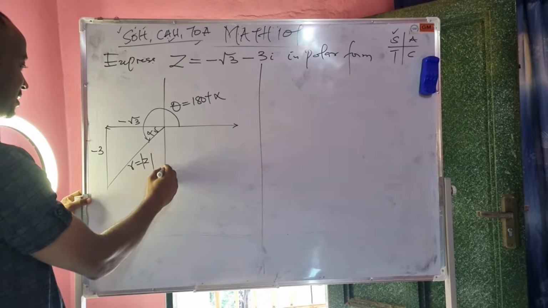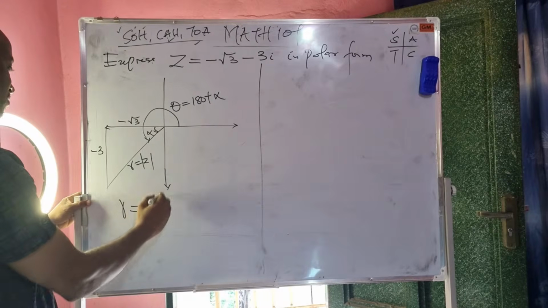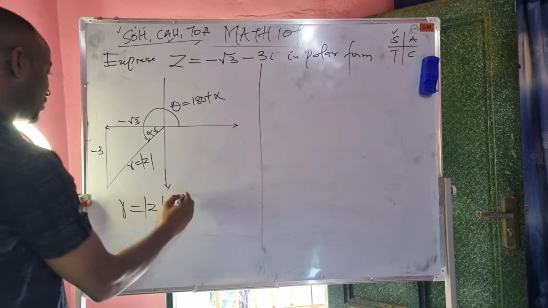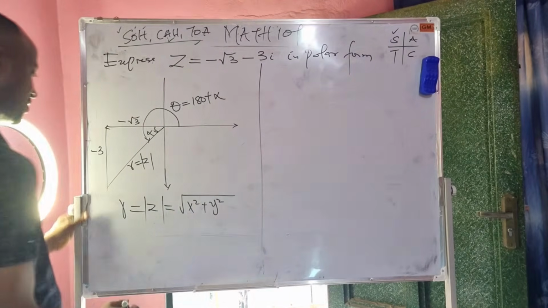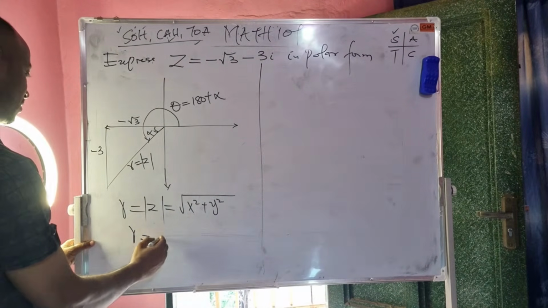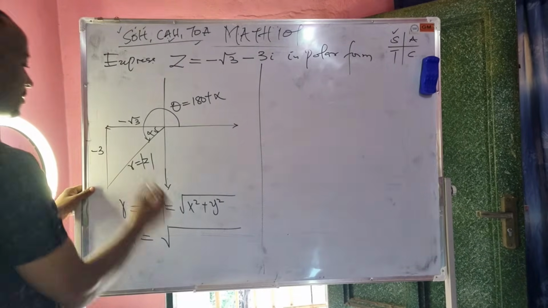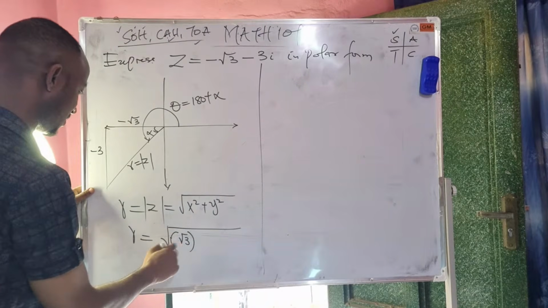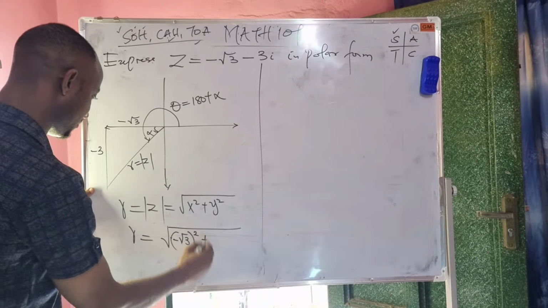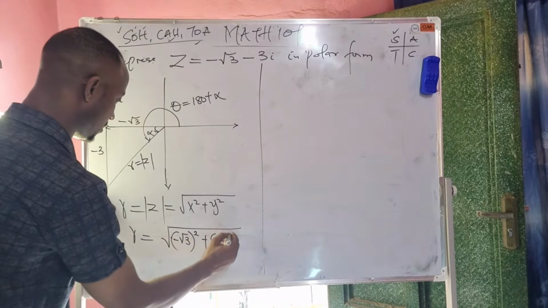Don't forget this. The next step is to find the value of r, which is the modulus of z, equal to the square root of x squared plus y squared. So r becomes the square root of minus root 3 all squared plus minus 3 all squared.